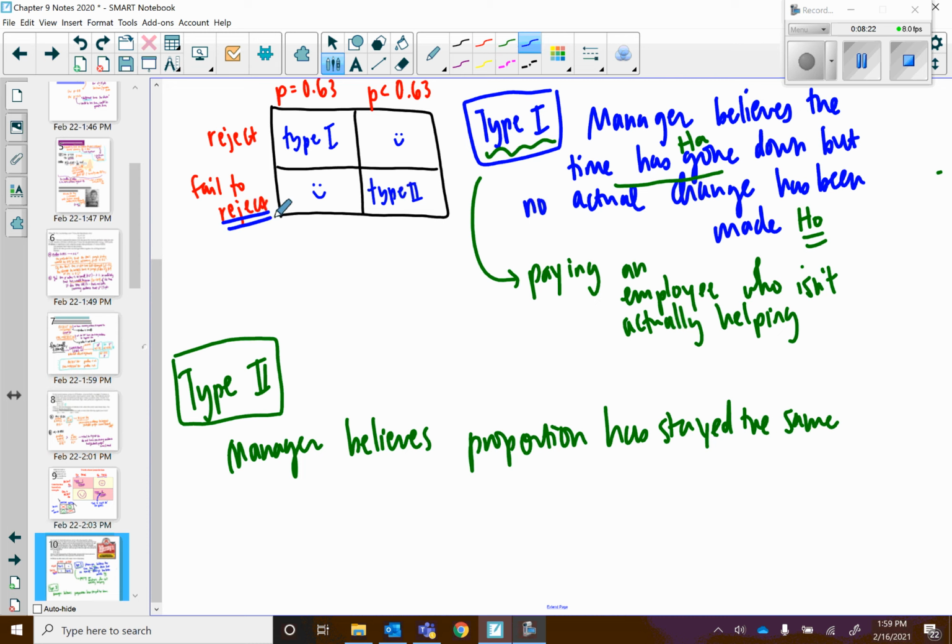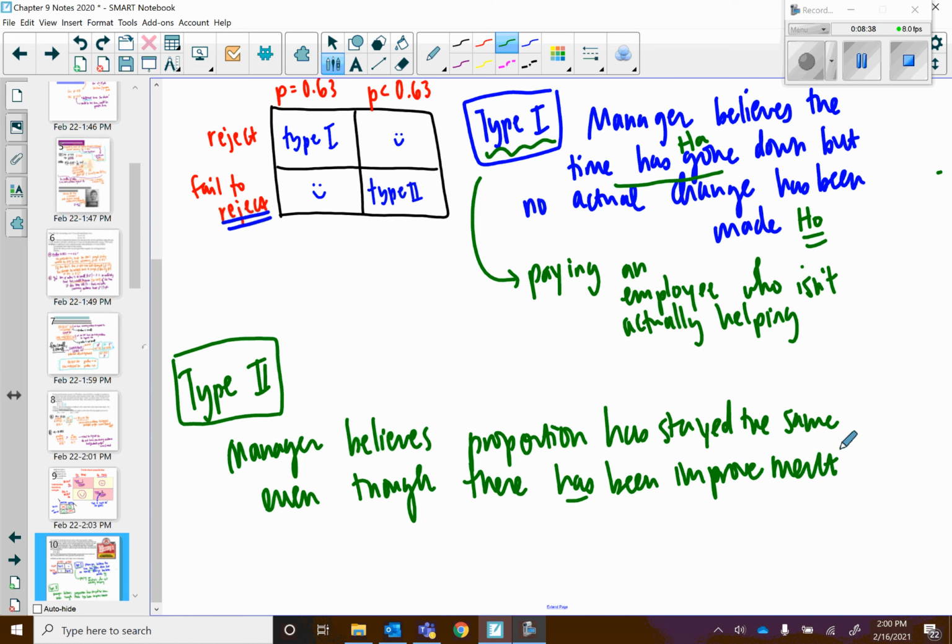Because he failed to reject it, even though there has been improvement. I know there has been improvement because P is actually less than 0.63.